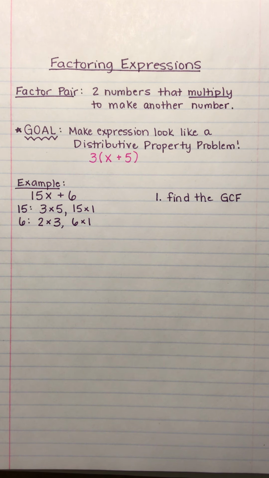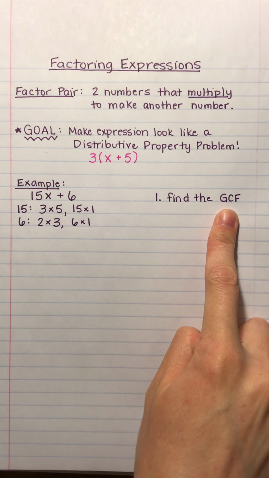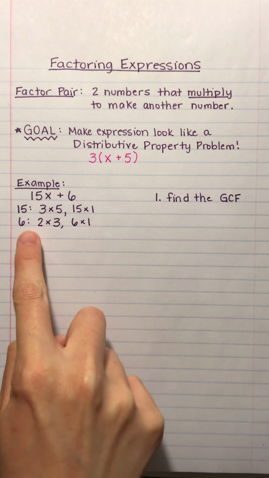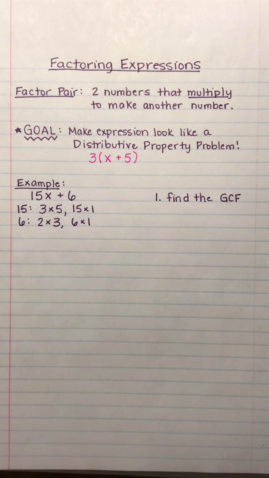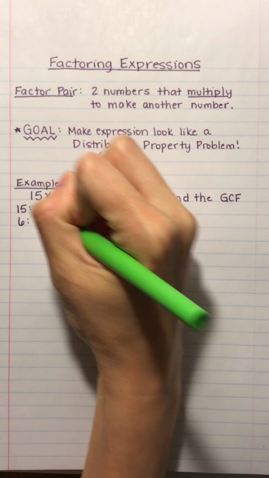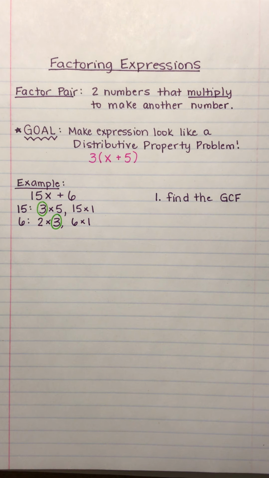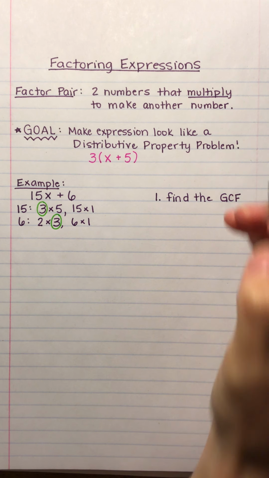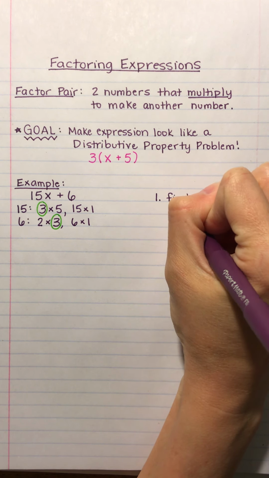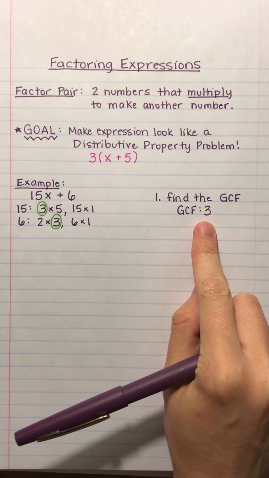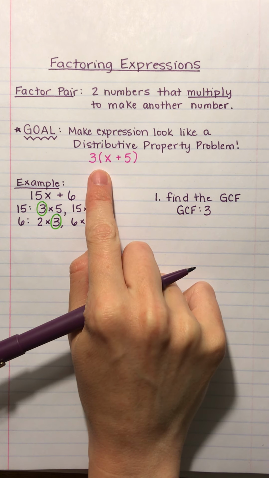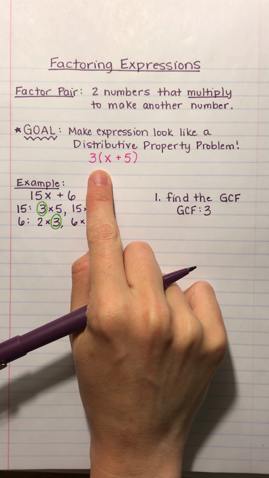All right, and now I'm looking for the greatest common factor, the largest number that is the same in both of these groups. So I see a 3 and a 3. So far, I know my greatest common factor is 3. I have to use that to actually turn my problem into a distributive property problem.